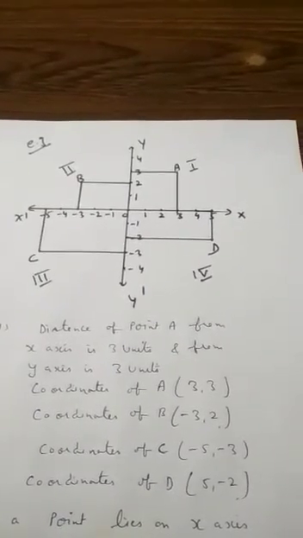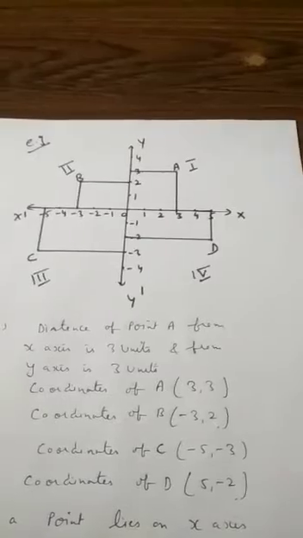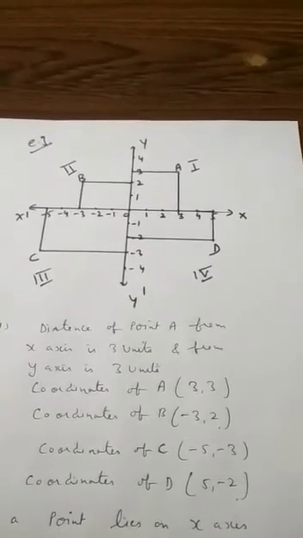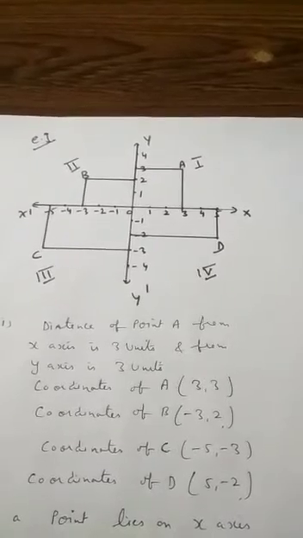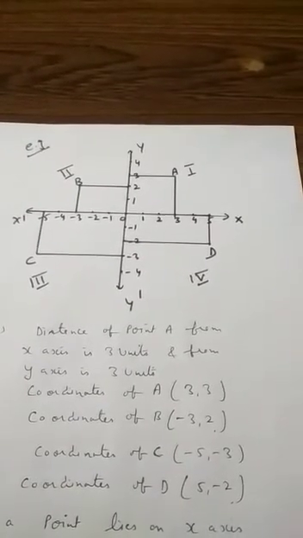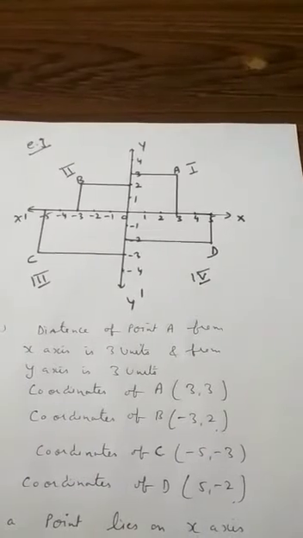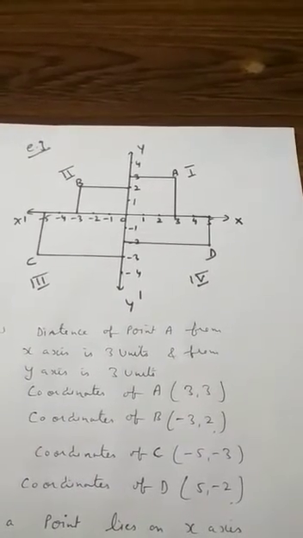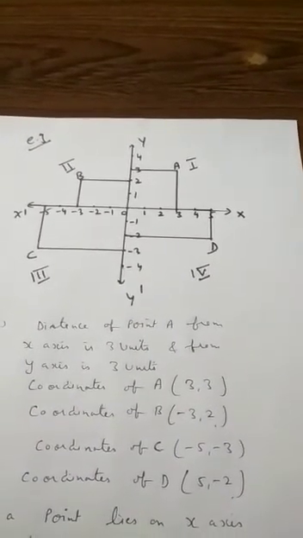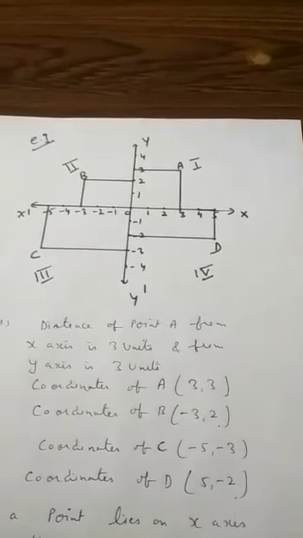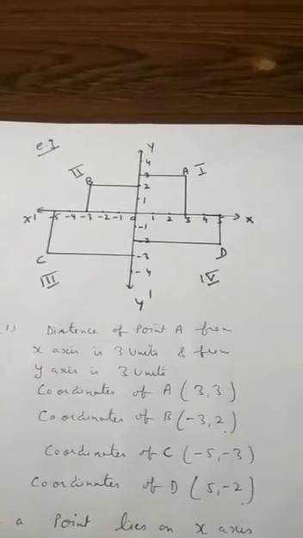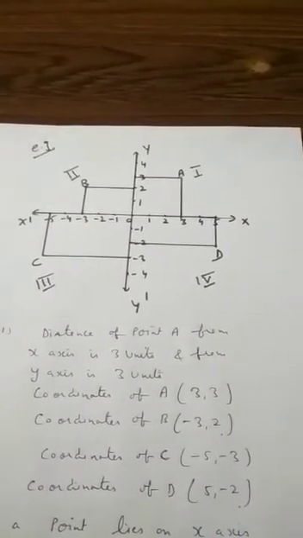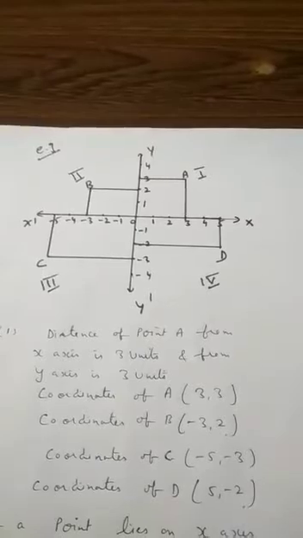If you look at point D, the perpendicular distance of point D from the y-axis is 5 units and from the x-axis it is -2. So the coordinates of D are (5, -2), lying in the fourth quadrant. So in this way, we are able to find the coordinates of a point lying in any quadrant.